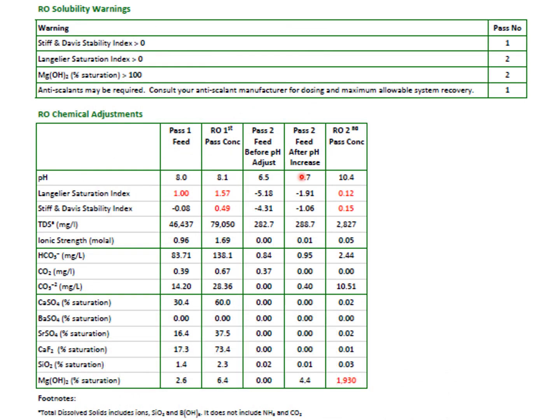Also we can see the solubility warning. So when you increase to 41% recovery, you can see what's the warning sign, LSI value more than 0, positive in this second pass. Then first pass, magnesium hydroxide second pass, anti-scalant may be required. Consult your anti-scalant manufacturer for dosing and maximum allowable system recovery.